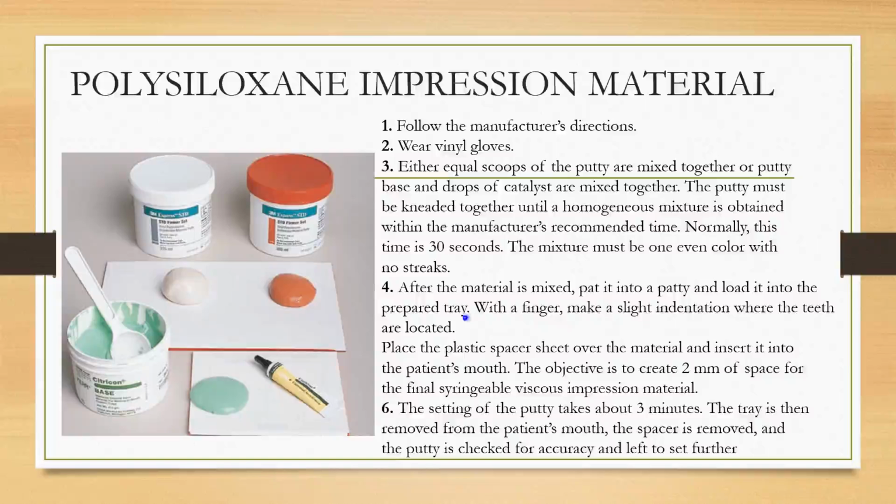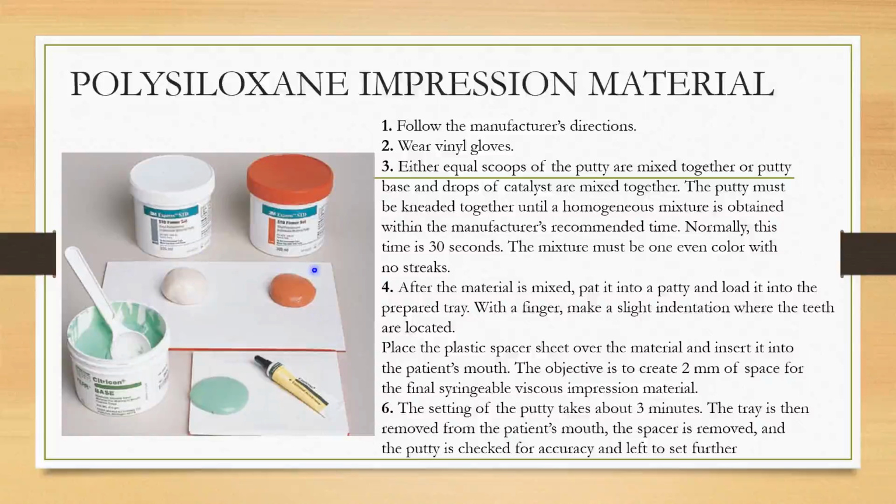Another example of the rubber impression materials is the polysiloxane impression material. This is the putty. It also comes in two types, the catalyst and the base. Usually the one which is more colorful is the base, and the white one is usually the catalyst.